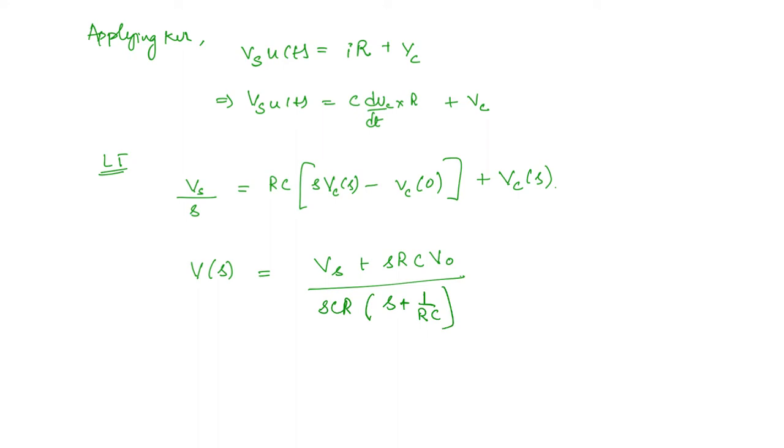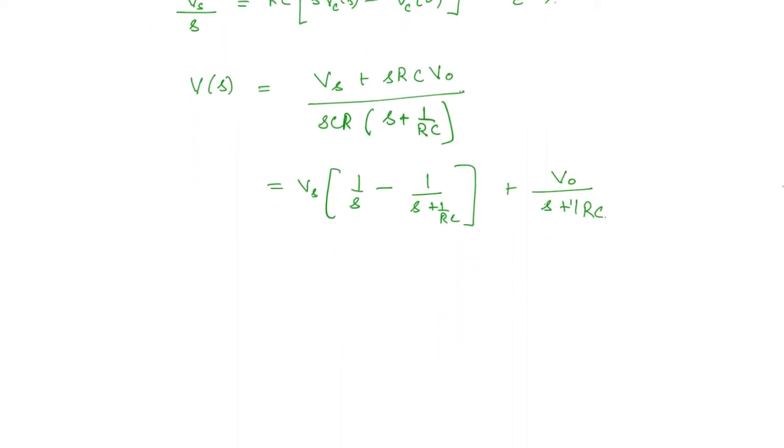So, now if you apply the partial fraction, you are going to get Vs into (1/s minus 1/(s plus 1/RC)). So, you can do the partial fraction. I am writing the final result, plus V0/(s plus 1/RC), okay.